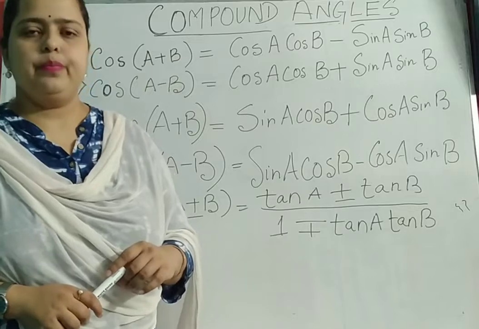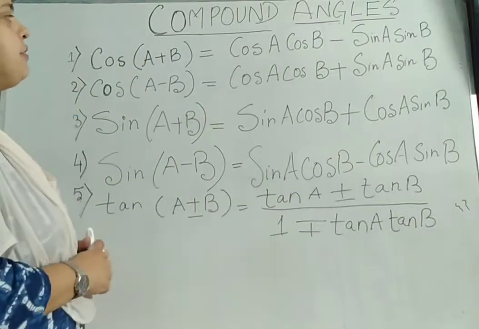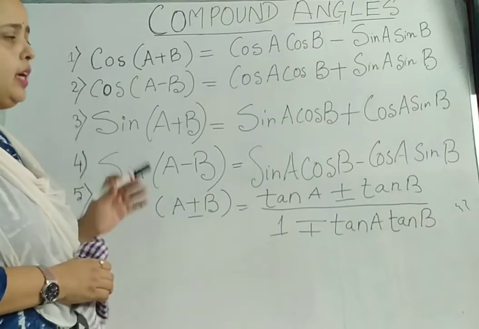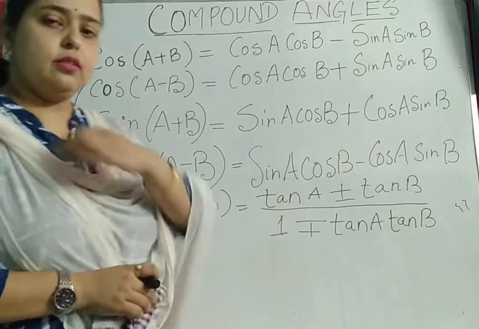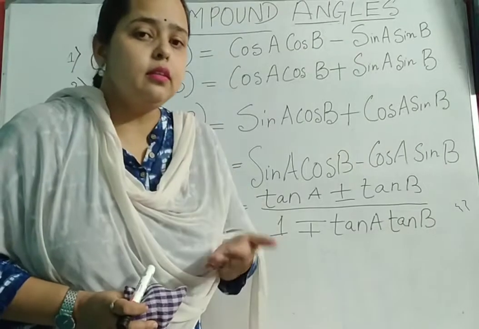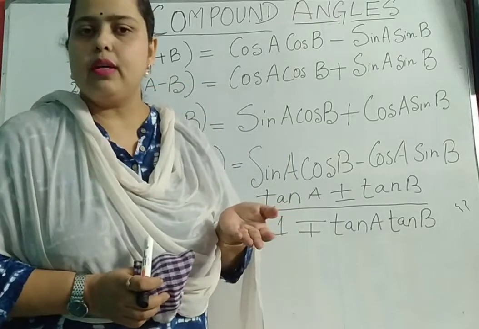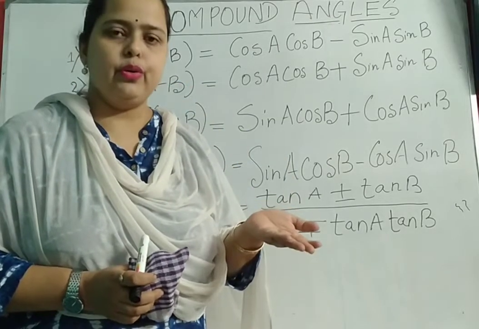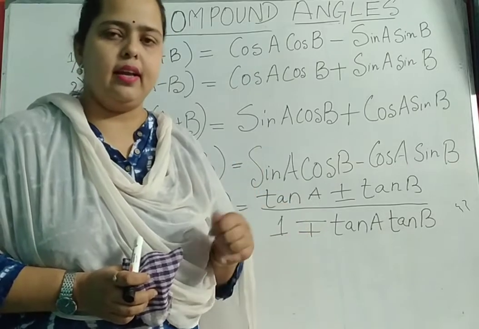Okay, now the first thing I would like to tell you, using these formulas, we can derive the values for a certain new set of angles. What were the angles known to us in class 10? It's known to you: 0 degree, 30 degree, 45, 60 and 90.